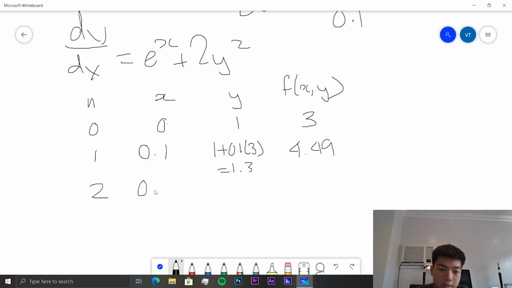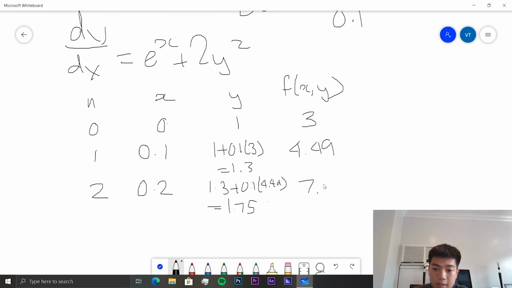This is 0.2 now, and we have 1.3 plus 0.1 times 4.49, which is equal to around 1.749. So I'll call it 1.75. Then if we do the function here, we get 2 times this squared plus e to the power of 0.2, which is equal to 7.34.